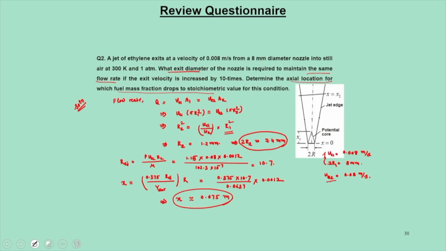This is also a similar case, in which we are looking at a problem where one case talks about the exit diameter of a nozzle, which is the base exit diameter, and what the effect of the exit diameter is if you need to increase the exit velocity by 10 times.